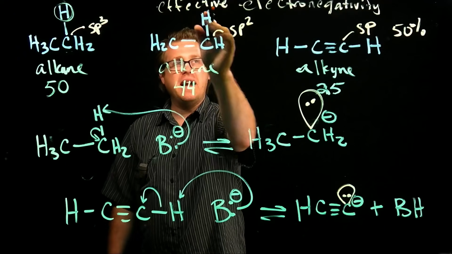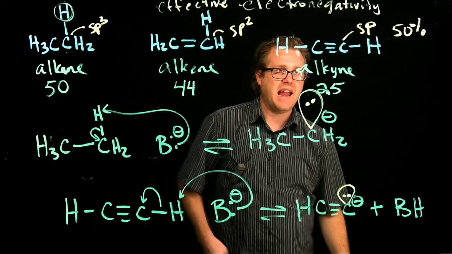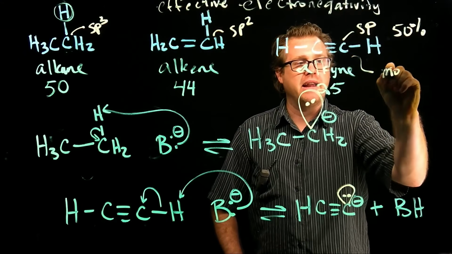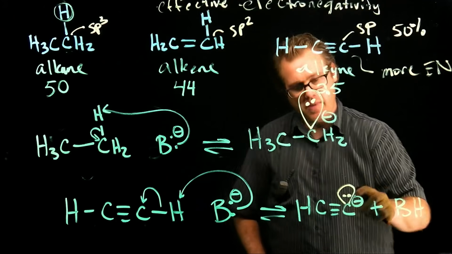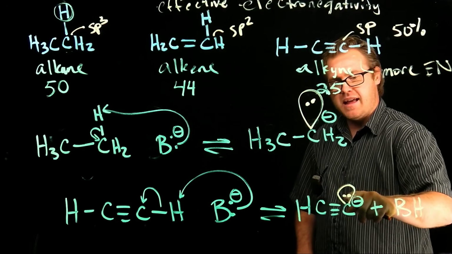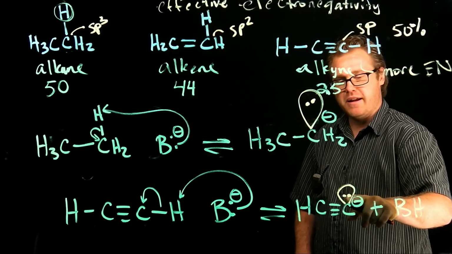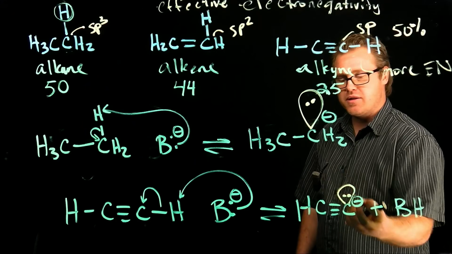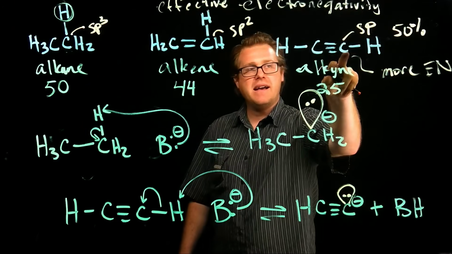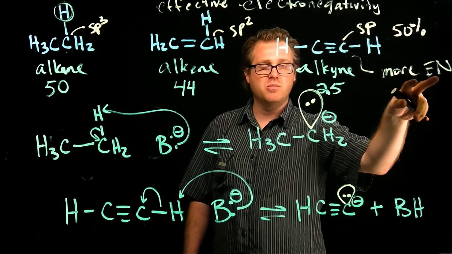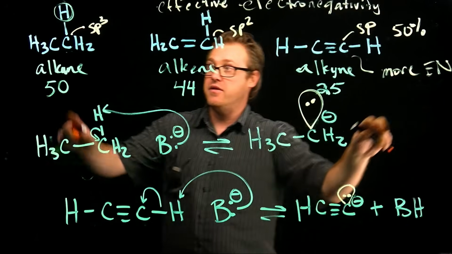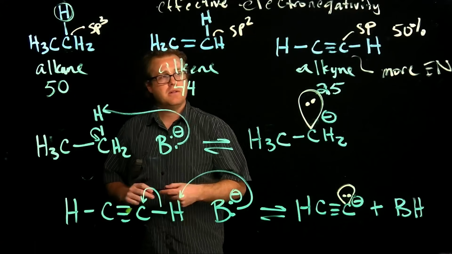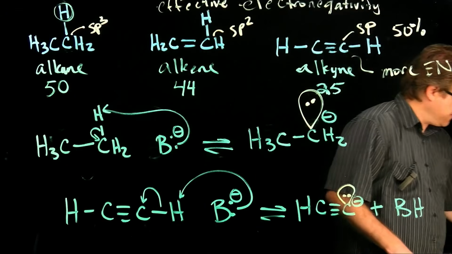So there's the term effective electronegativity, which says that an sp hybridized carbon is going to be more electronegative because it can stabilize that negative charge better. Electronegativity is wanting electrons, and it can pull those electrons closer. So an sp hybridized carbon is more electronegative than an sp3 hybridized carbon. Really cool stuff.